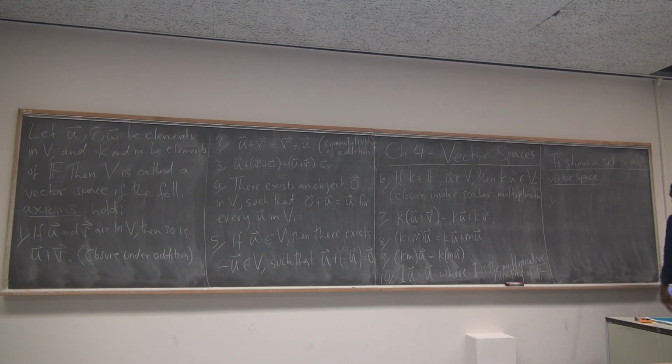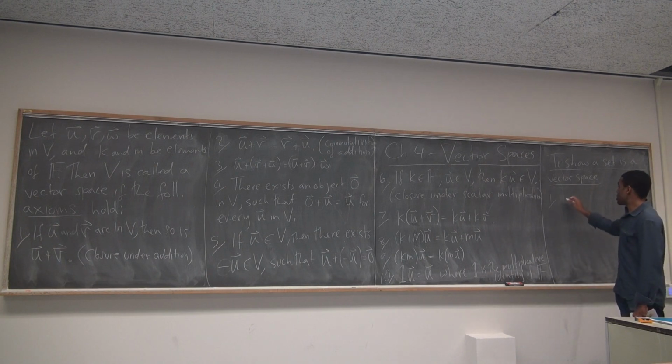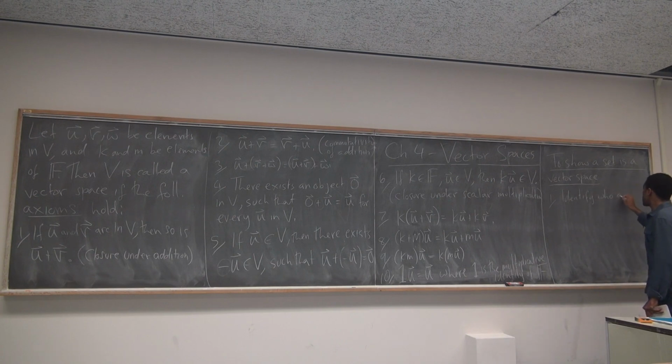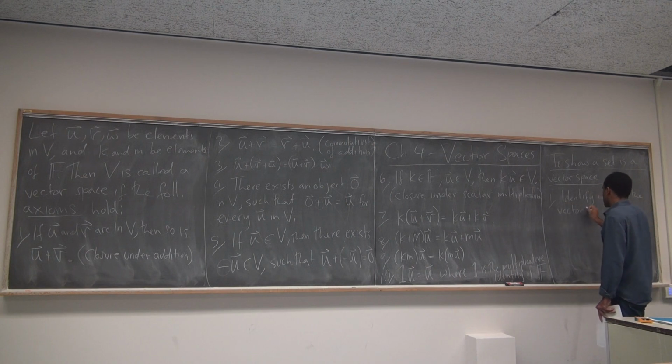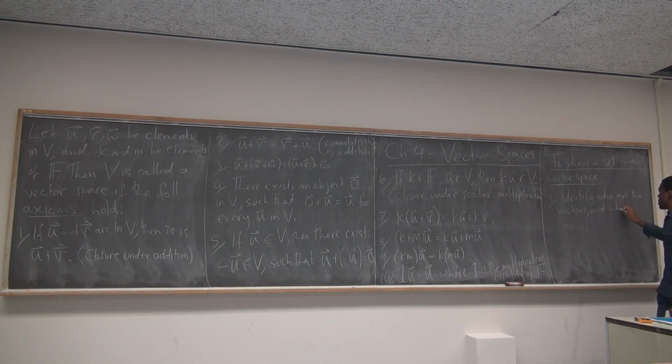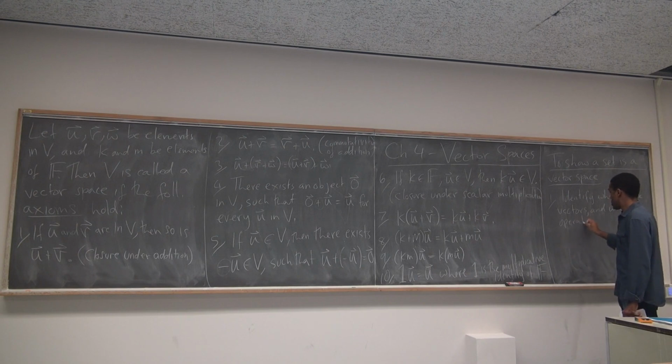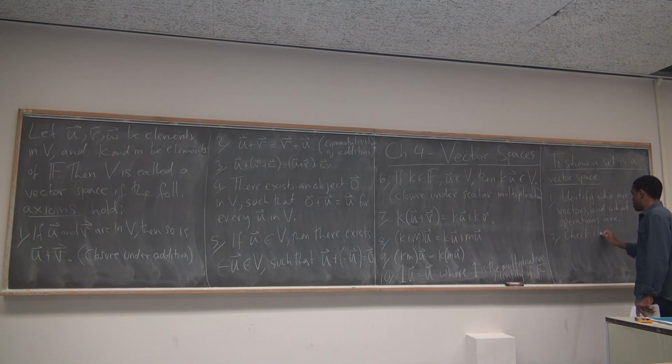Here's a list of things you might want to do when you're approaching the question of, am I looking at a vector space or not? 1, identify who the vectors are and what the operations are. 2, check closure under addition and scalar multiplication.